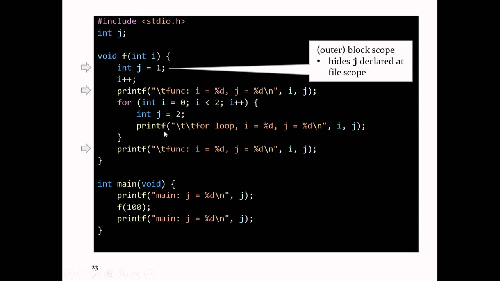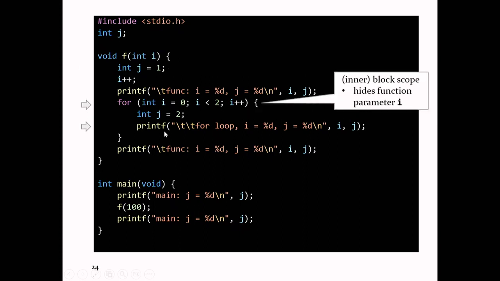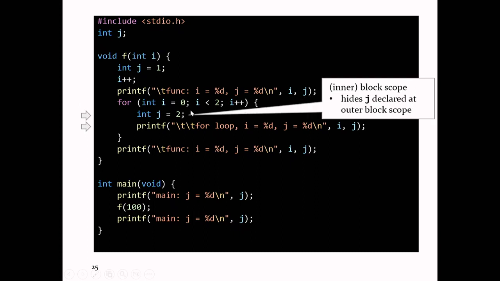But notice there's another I here, and there's another J here. So that I hides the parameter I. So inside this loop, it's that I that's being changed, and not the parameter I. Inside the loop body, there's another J. So inside the loop body, whenever you use J, it's that J that's being used, and not that one, and not that one.